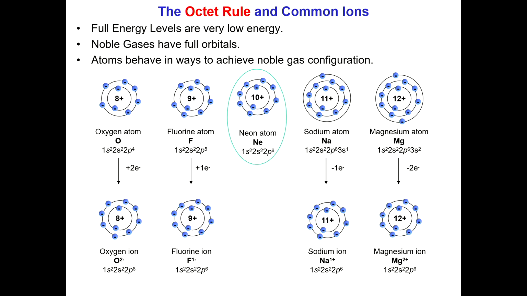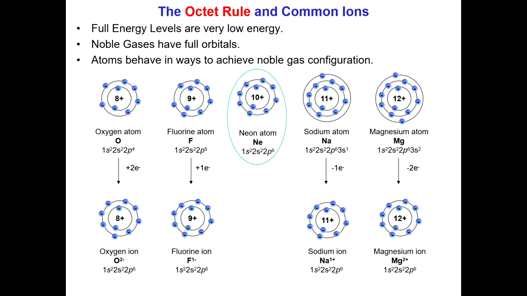So we know noble gases have full orbitals, so they are stable. Other elements try to become the full energy levels, full orbitals. So this is called the octet rule.